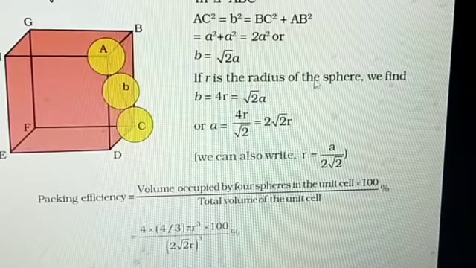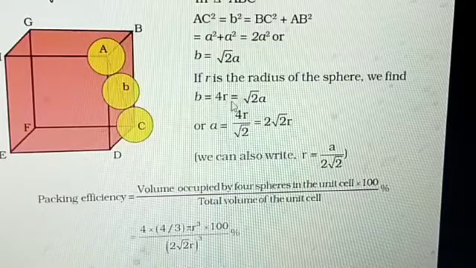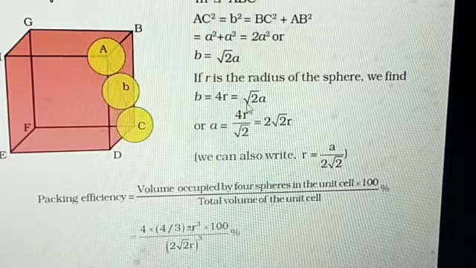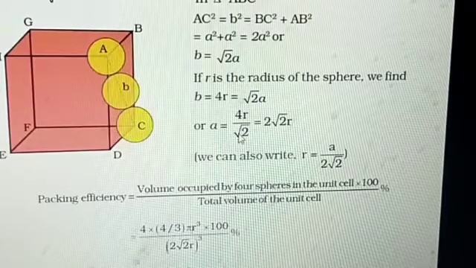If r is the radius of the sphere, then b is equal to 4r, that is equal to root 2a. Then a is equal to 4r by root 2.